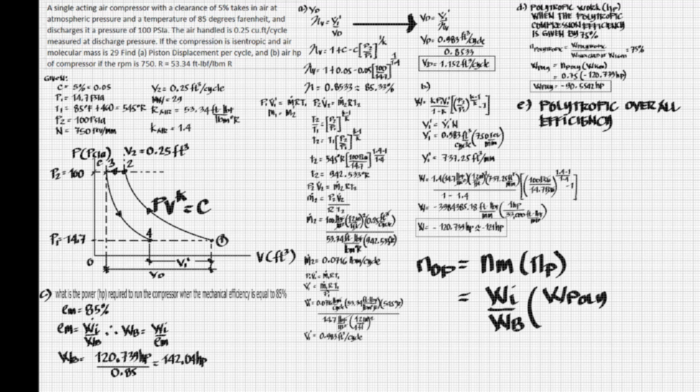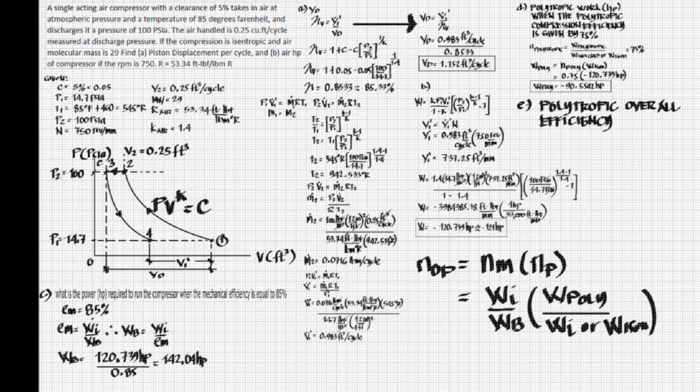So that will be all over, divided by the value of work polytropic, which is work indicated or work isentropic. So this is work indicated, or that can be work isentropic. Close parenthesis.